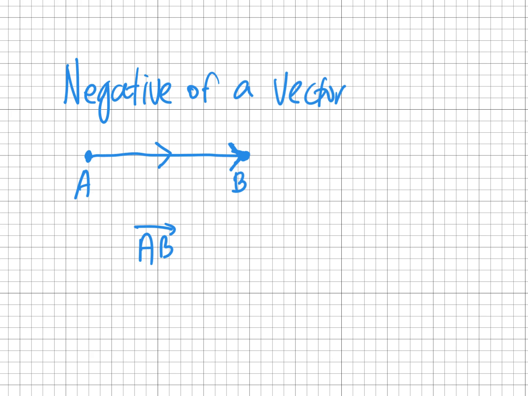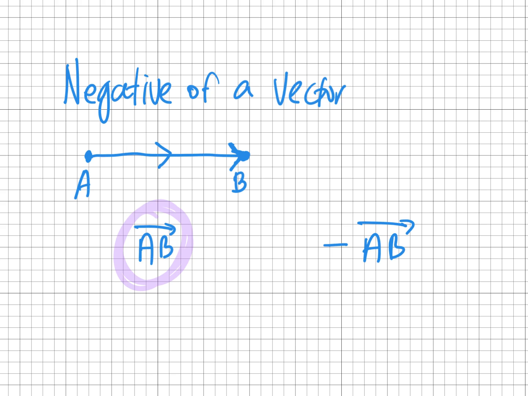When you do a negative, it's going to be going back. So looking at this AB, we can also put the negative of that vector, negative AB.